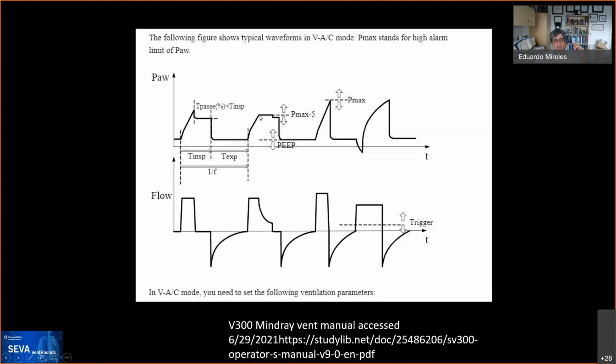And under those circumstances, it changes from volume control to pressure control, because of a Pmax limit. And then the breath continues and ends.